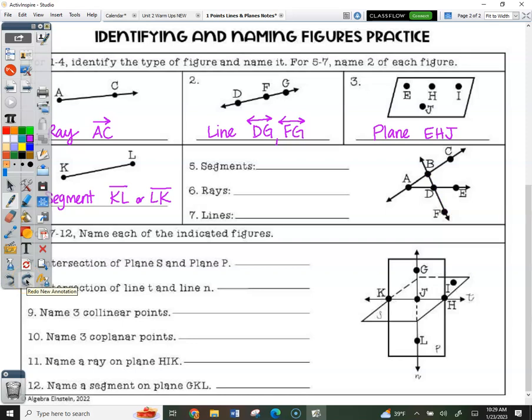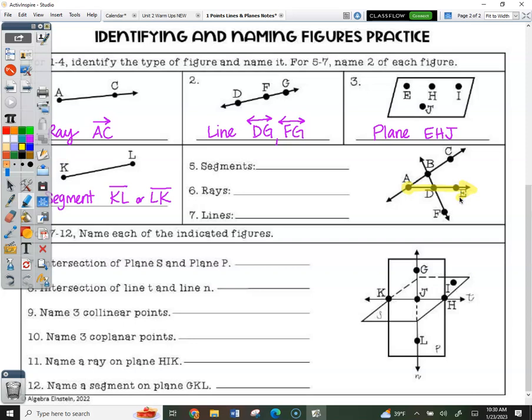Next is a ray. This means you need to start with a point and then pass through another point. The picture doesn't have to actually have a ray on it. Because if you look at this, there's actually only one true ray on this picture. There's one legit ray by the picture, and it's A starting here through E. That is the true ray in the picture.